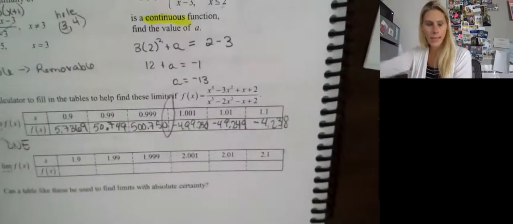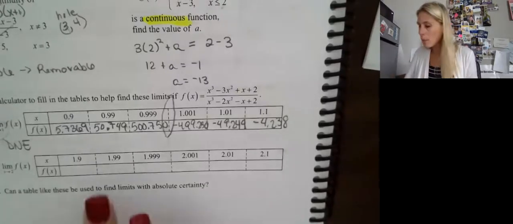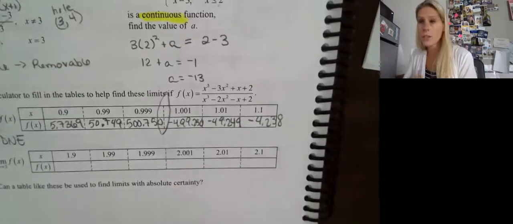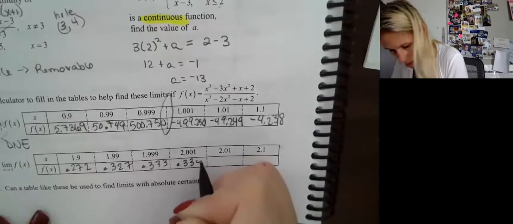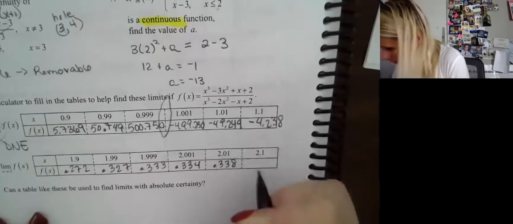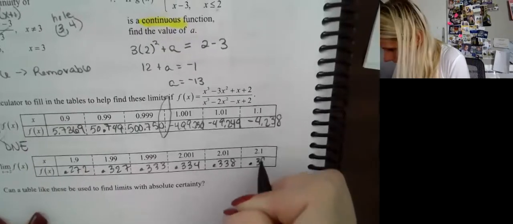Okay? Now let's check on the other one. Same idea, but we're going to put in those values. Okay, you can put them into your calculator yourself. I'm going to give you these. 0.272, 0.327, 0.333, 0.334, 0.338, 0.384.